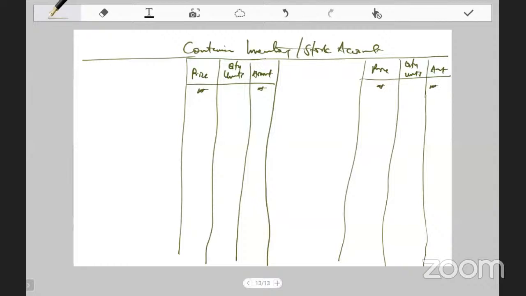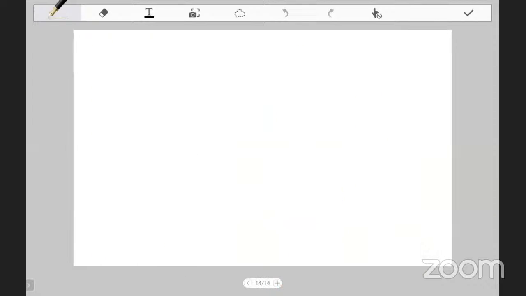So I'm having two ledgers which are in columnar form. I've done the first one, container inventory account. So I need to prepare the second one, container trading account.